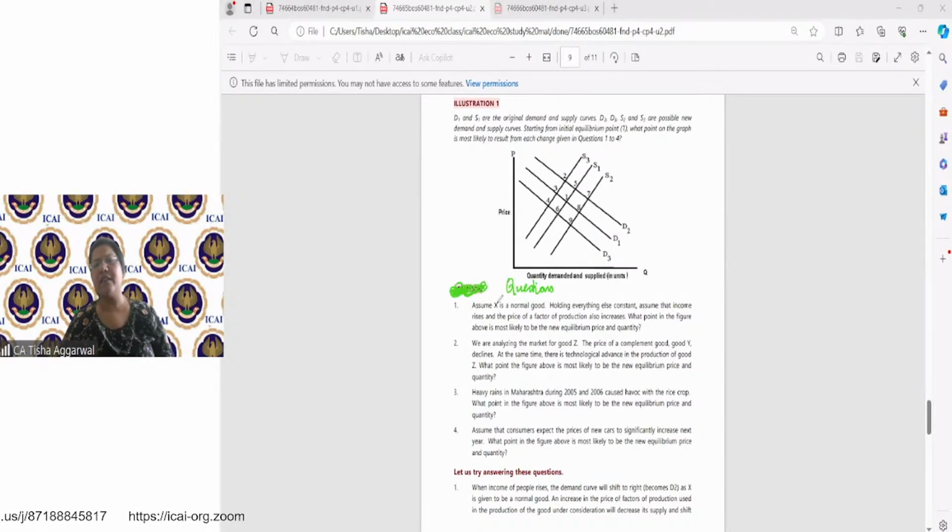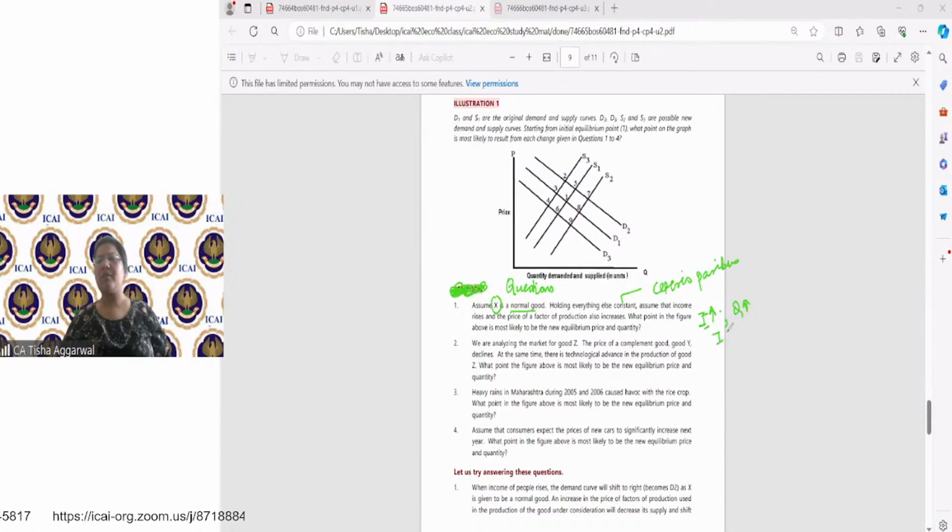Question 1 says, if X is a normal good, holding everything else constant, can I say ceteris paribus? Assume that the income rises. Income rises. Okay. I stop my mind here and I think for a normal good, if the income rises, the quantity also rises.